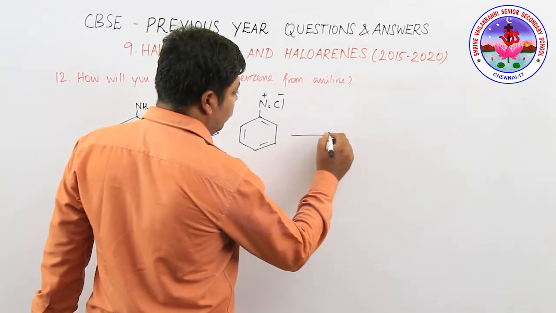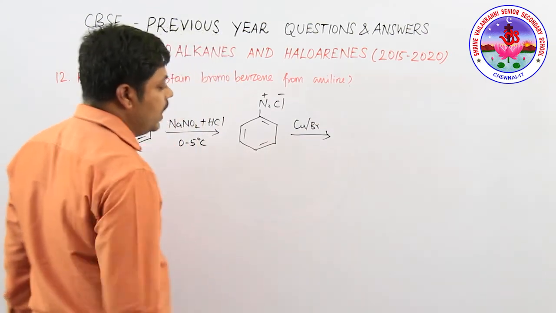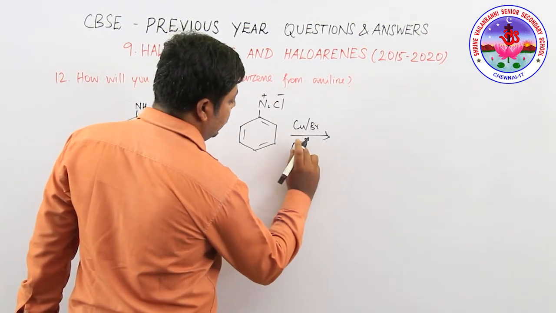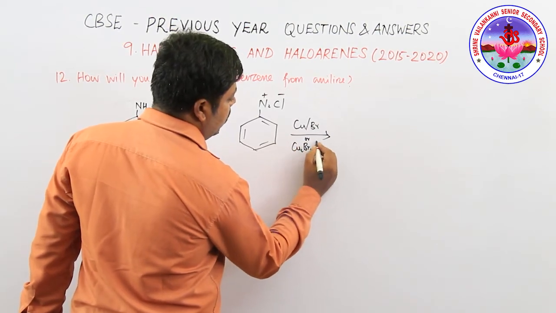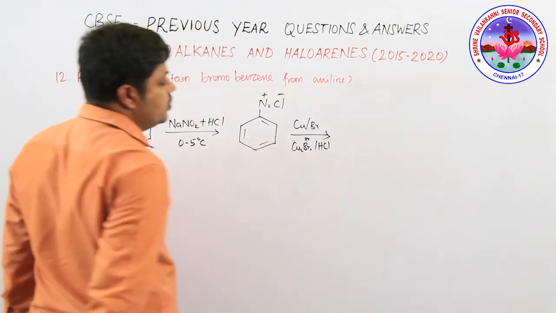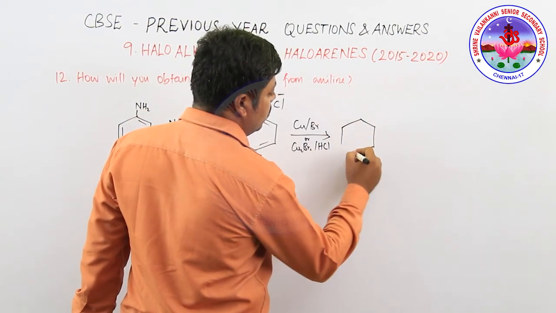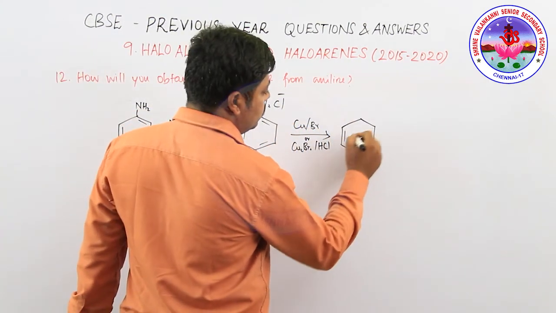Again, treatment with copper and bromine, or you can use Cu2Br2 and HBr. So what is produced? The answer is bromobenzene.